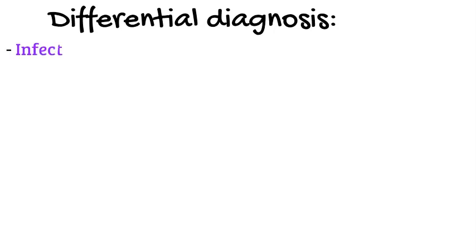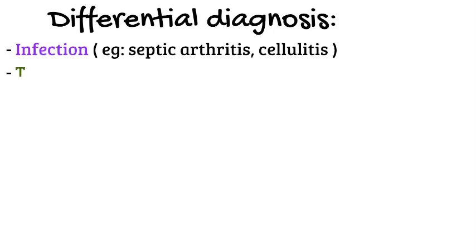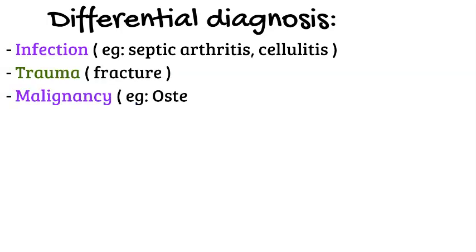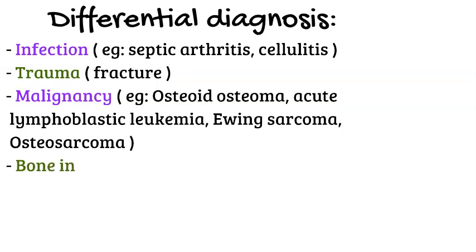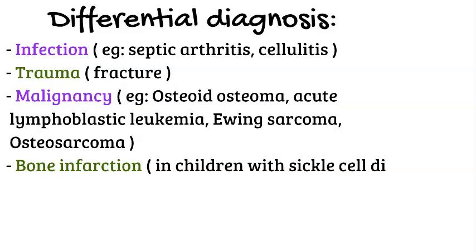Differential diagnosis of acute hematogenous osteomyelitis. 1. Infection, for example, septic arthritis, cellulitis. Trauma, need to rule out fracture. Malignancy, for example, osteoblastoma, acute lymphoblastic leukemia, Ewing sarcoma, osteosarcoma.